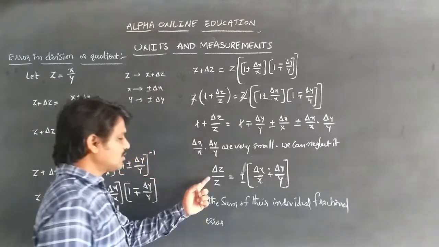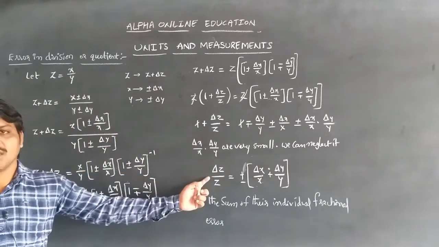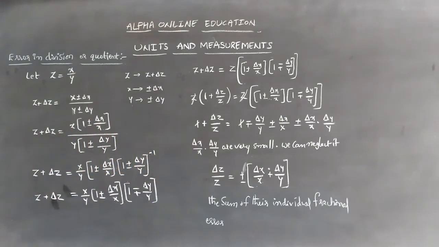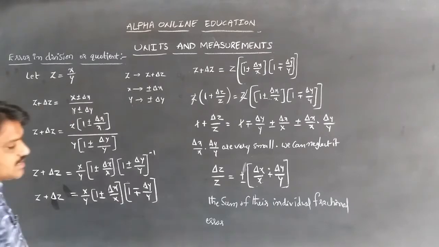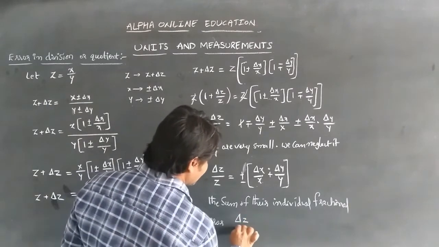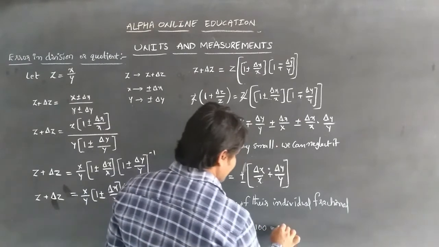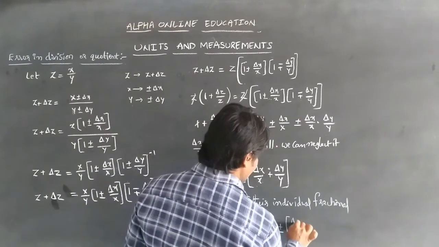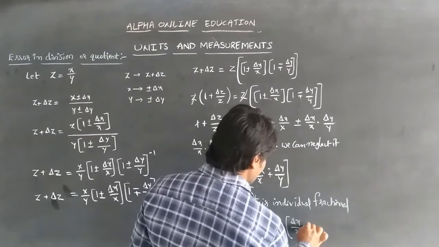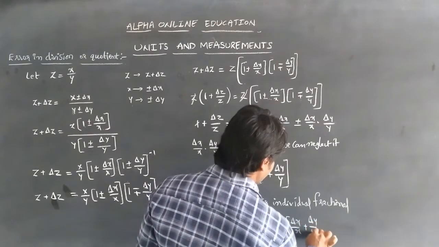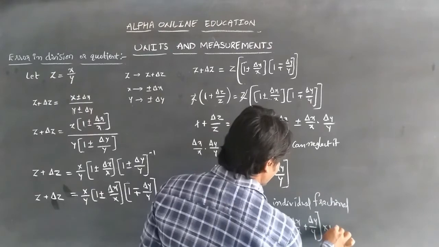Meaning if we want to know the percentage of the absolute error, we can write delta z by z into 100, which is equal to plus or minus delta x by x plus delta y by y, into 100.